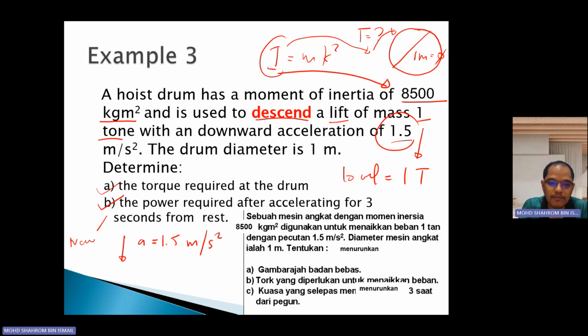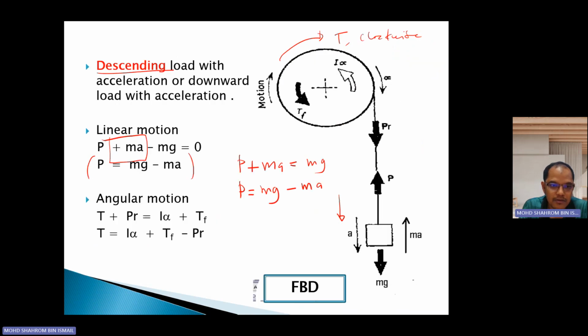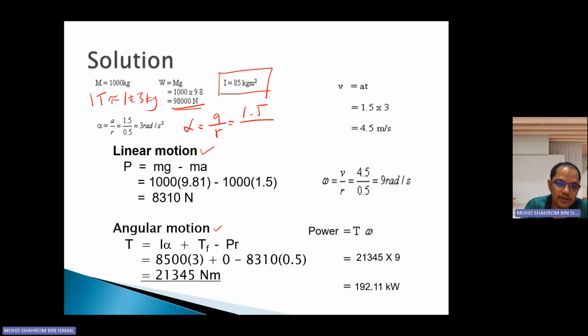Since the drum has 1 meter of diameter, we solve it in terms of radius, so it goes by 0.5 meter. So 1.5 meter per second over 0.5 meter, you get 3 radian per second squared.